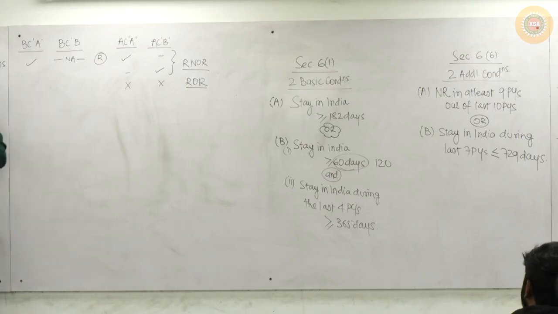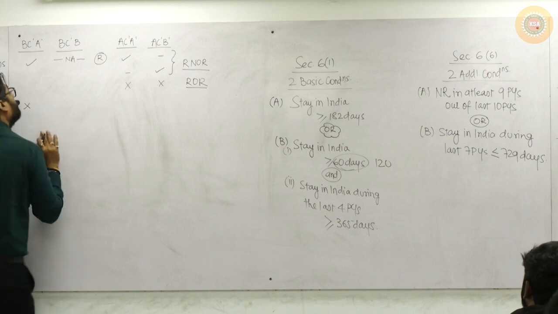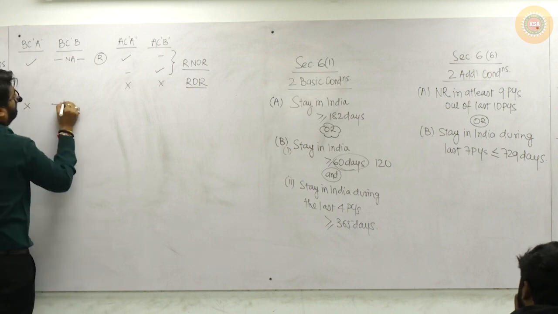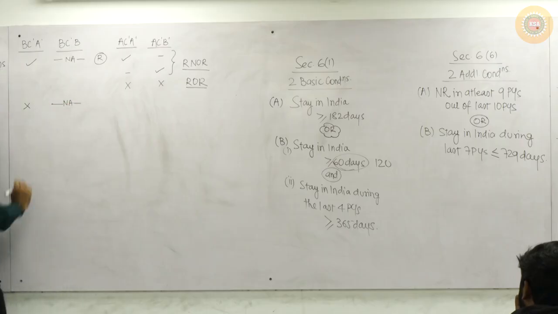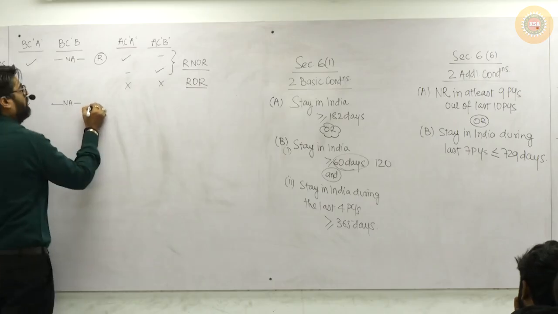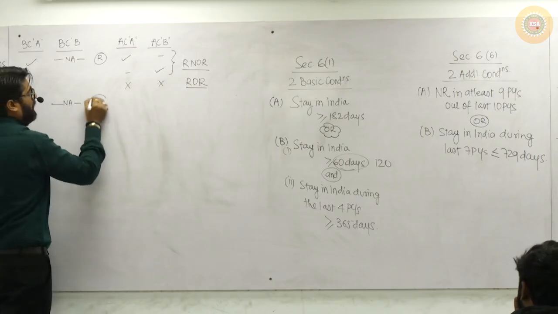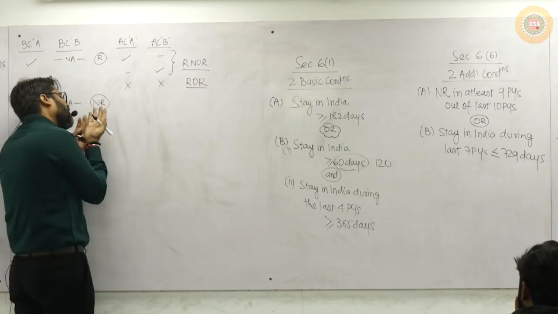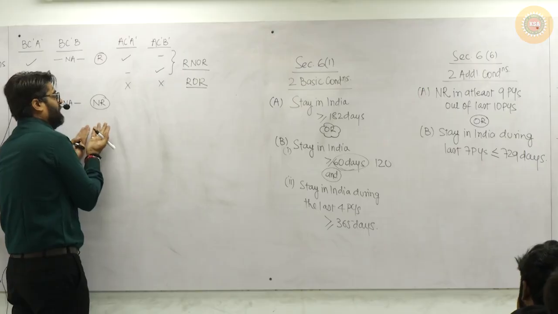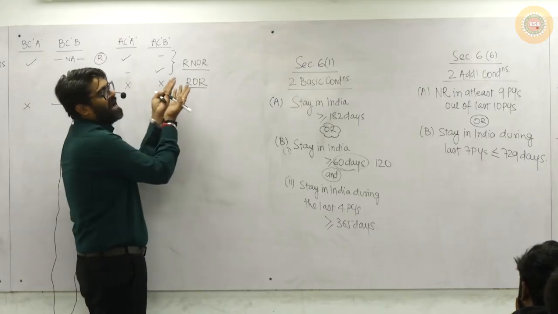Now tell me, 3 exceptions. Basic condition A, not satisfied. Will you go and check B? Even if you want, you cannot, because this is not applicable. If basic condition A you are not satisfying, you will become a non-resident. If you have become a non-resident, you cannot be treated as RNOR.